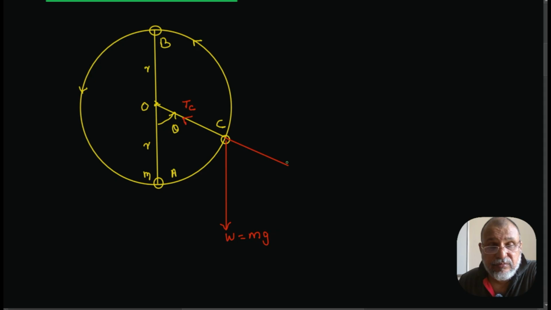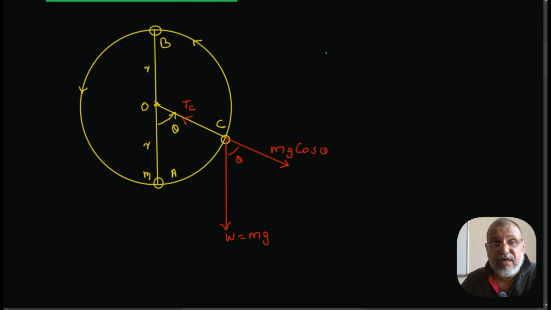So we can see that if this vertical angle is theta, this will also be theta. So this component of the weight acting along here will be mg cos theta at any point.